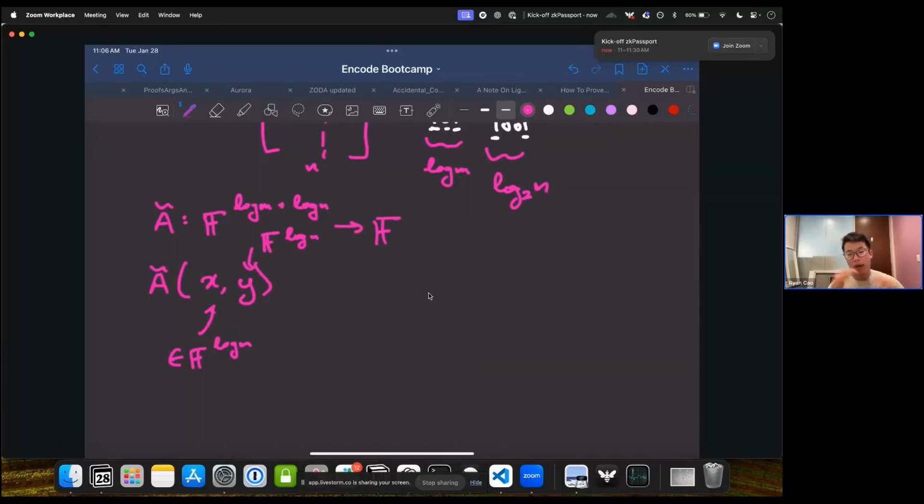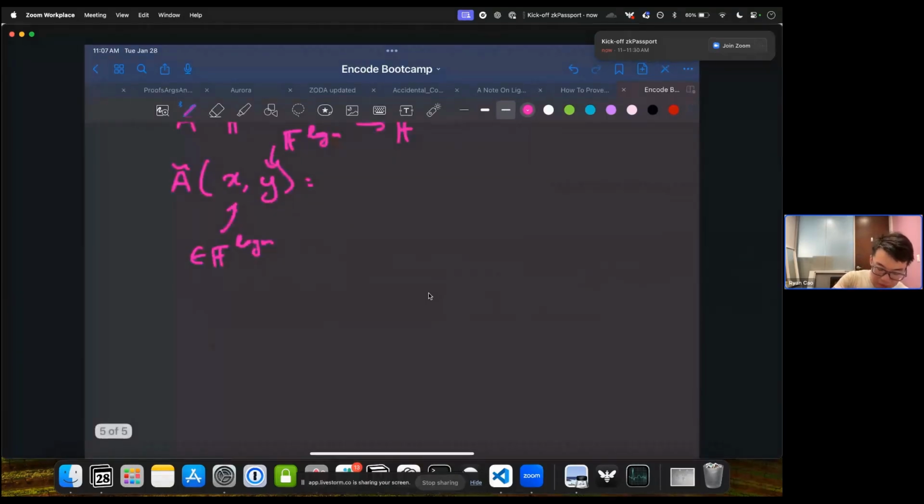This is the final form factor of this multilinear extension. The actual formula is very similar to the multilinear extension we had earlier. Let's break it down a little further.